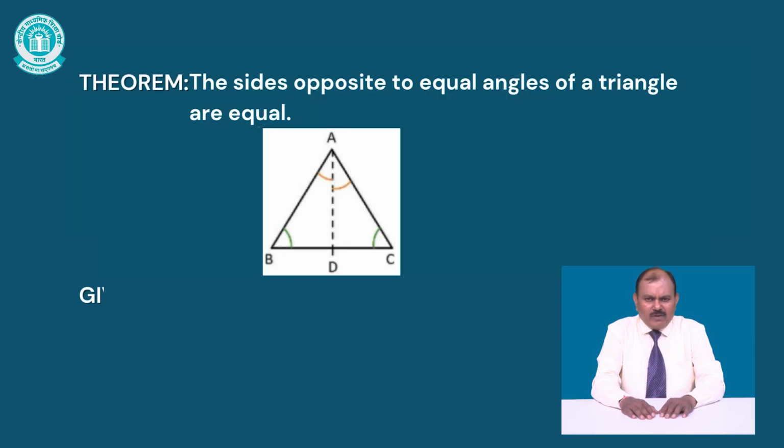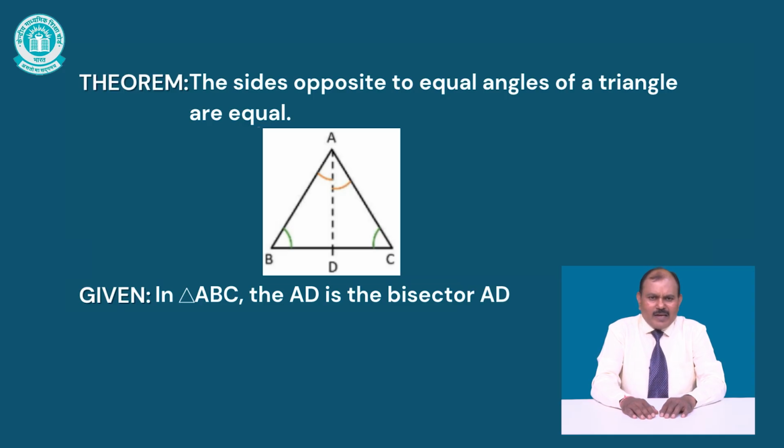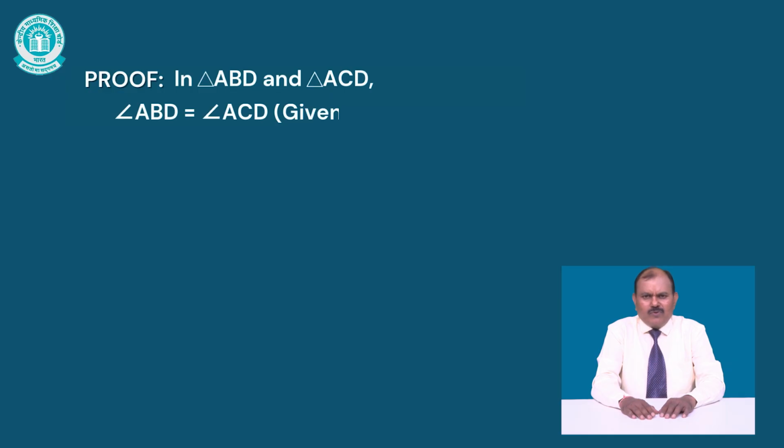We are given in triangle ABC, AD is the bisector of angle A. We need to prove that AB equals AC. Let us prove. In triangle ABD and triangle ACD, angle ABD equals angle ACD is given.